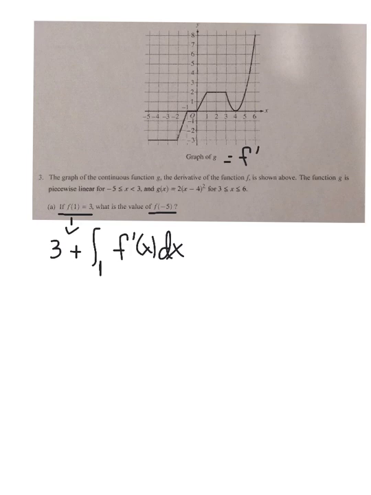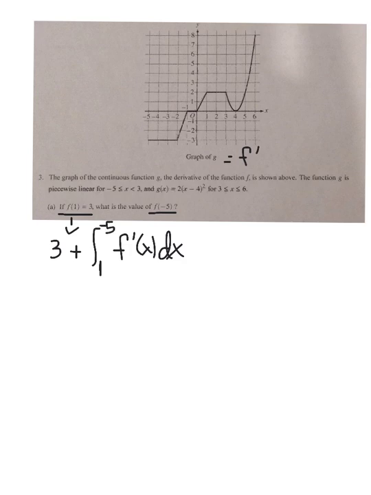Let me backtrack for a second. If this said f of 2 equals 3, we'd still have a 3 here, but we would have a 2 here. If this was a negative 5 in here, we would have a negative 5 there. Okay? All right, so what goes in this top bound should always be whatever value they're asking us to evaluate it at. So that's going to be negative 5.